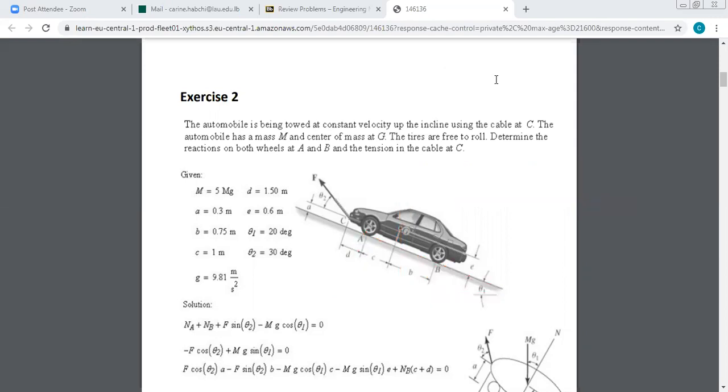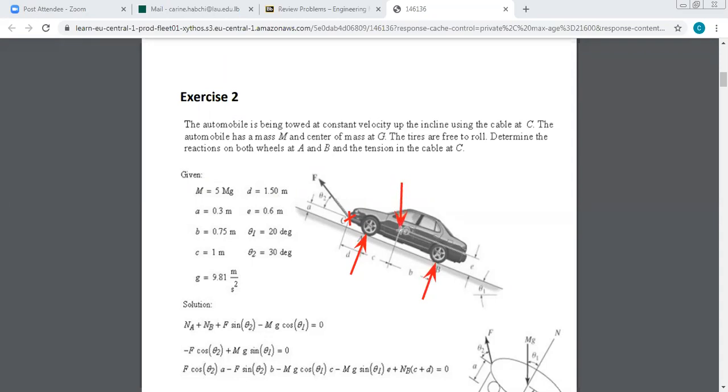For example, since the force F is passing by C, and it has two components, one along X, one along Y, we can choose to do sum of moment about C equals 0, and then we cancel out the moment of F. If you want to do this, then we have to take into consideration the moment of all other forces about C. So we have the forces and we have the weight here.